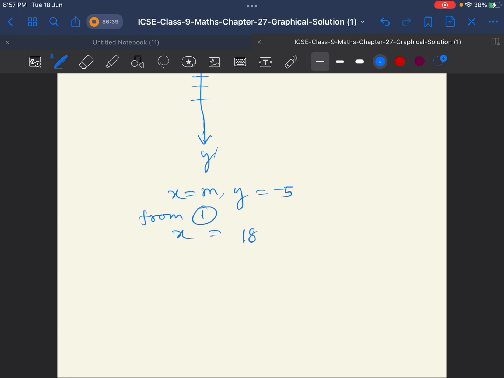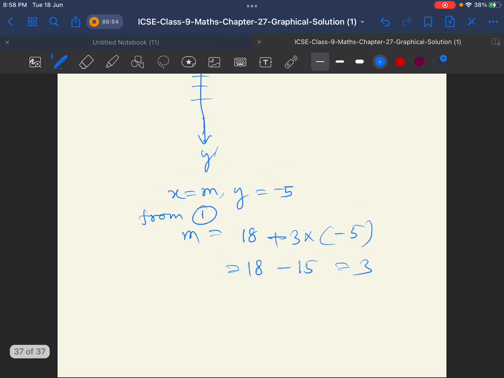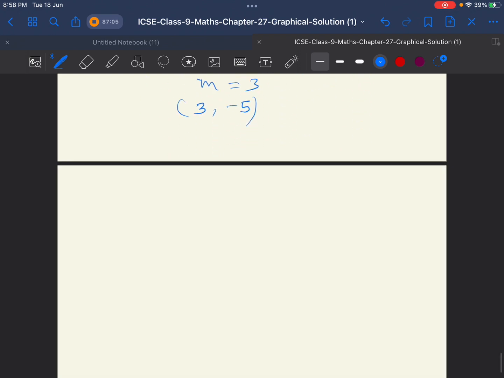From equation 1, x equals 18 plus 3y, here x equals m, so 18 plus 3 into minus 5 is 18 minus 15, which is 3. So when y equals minus 5, x equals 3, or m equals 3. This point is (3, minus 5).